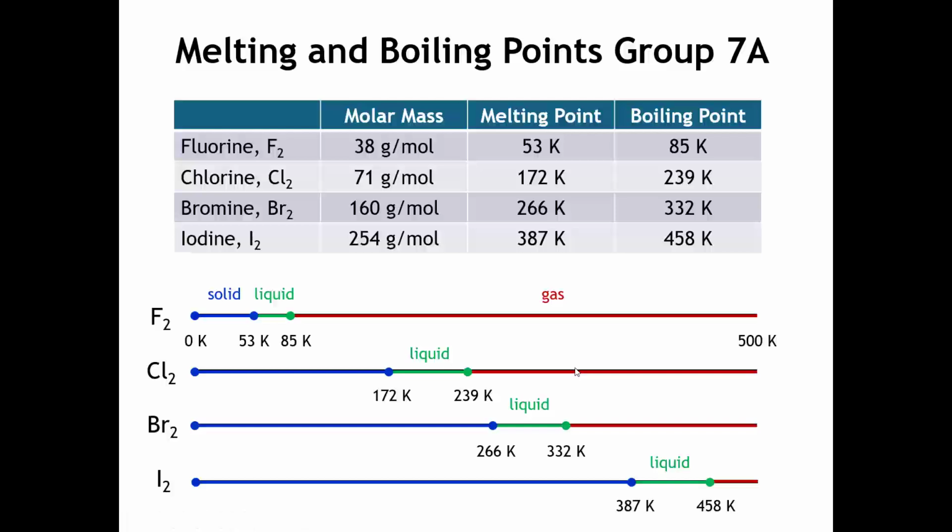Another takeaway point is the fact that the liquid range is generally fairly narrow. Most substances are not liquids for wide temperature ranges. There is, however, another question presented by the data here, and that is, why does the temperature range over which we see a liquid shift to higher temperatures as we move down the group? And that's something we're going to get at in the next section.